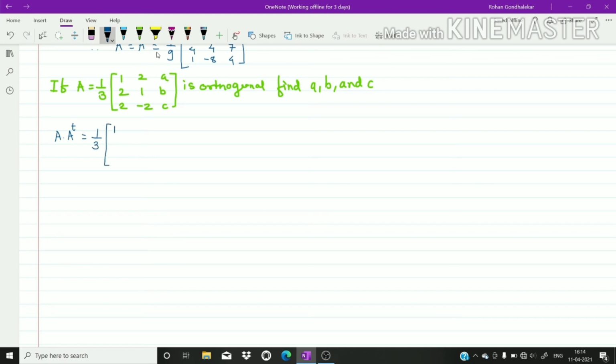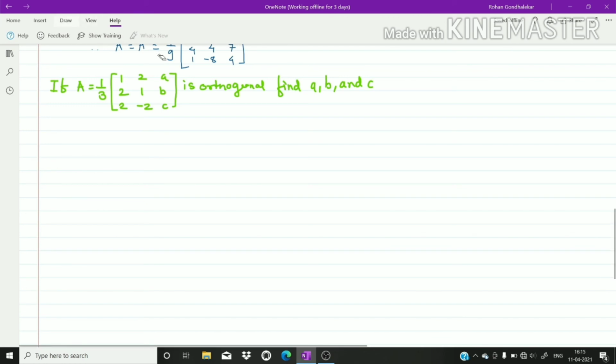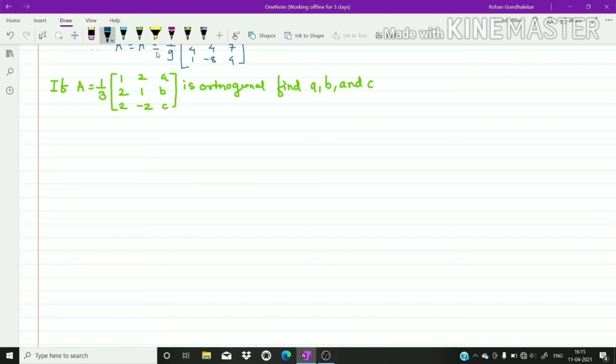I'll start once again with the definition, then only it will fit in your mind, because this topic is very important from your examination point of view.